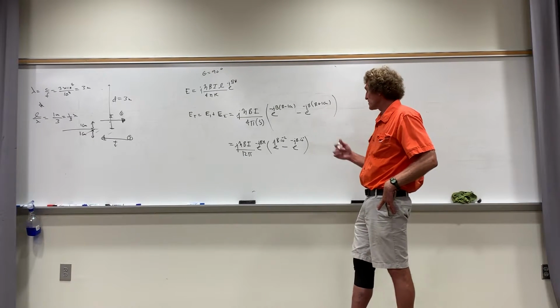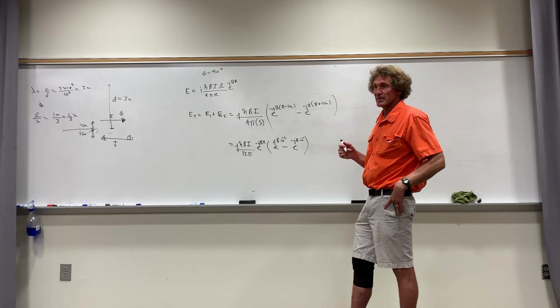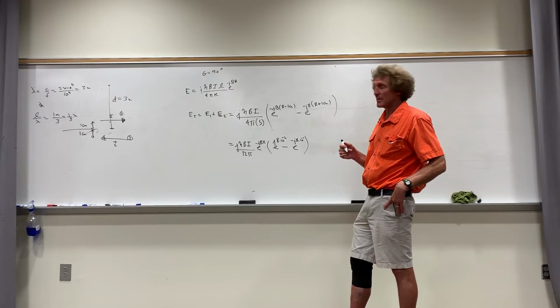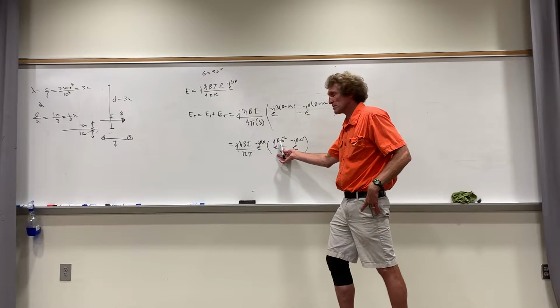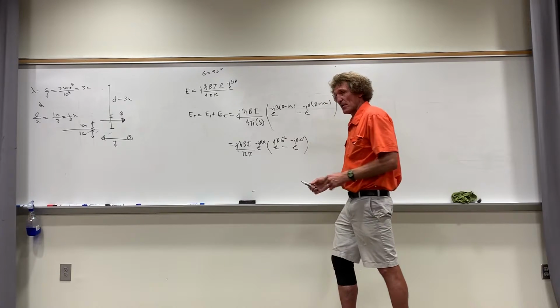You could actually brute force this in a calculator right there, but there's an easier thing to do. Remember what we do, guys? Equal to negative 2j sine. It's actually positive because that's e to the plus j here, right? You follow me?